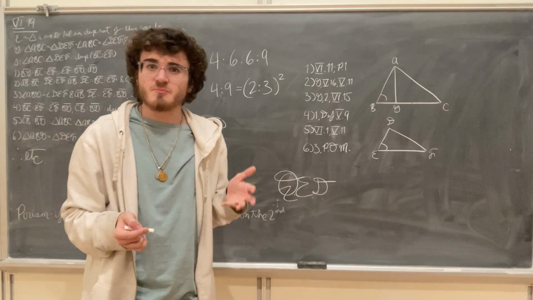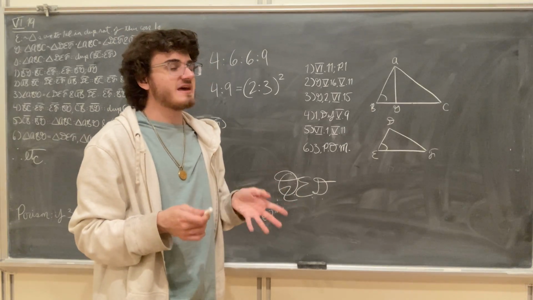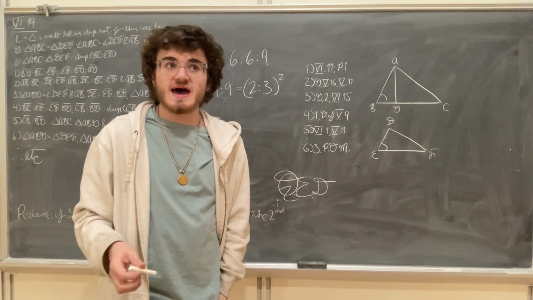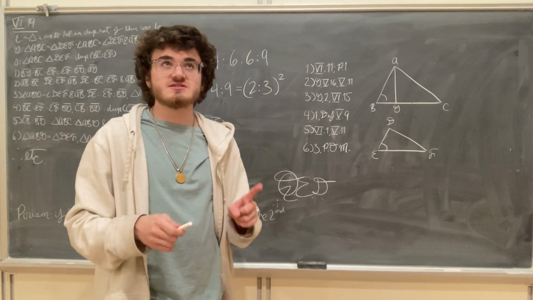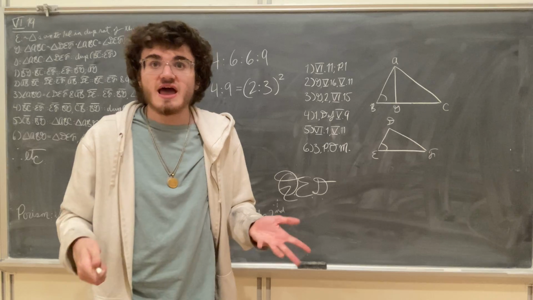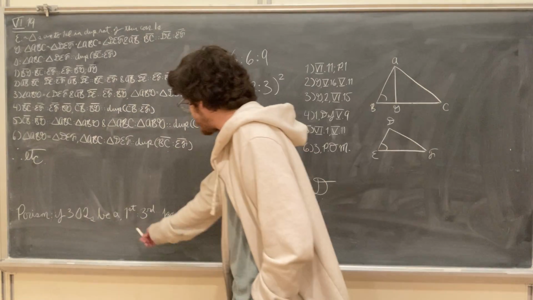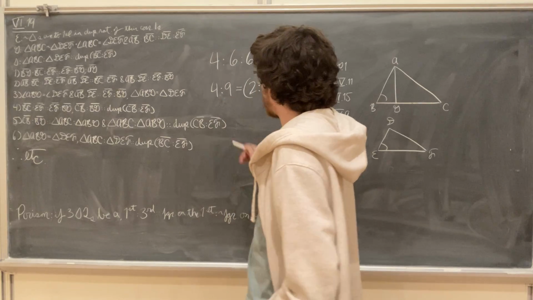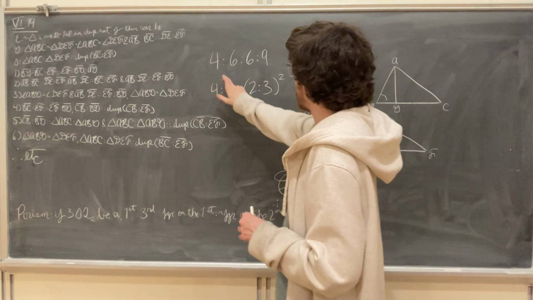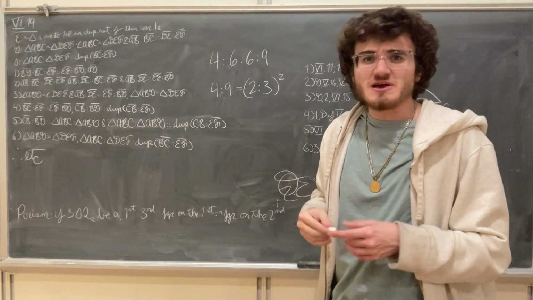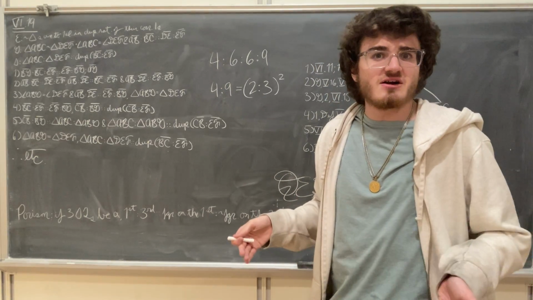So what this means for the porism is, again, an understanding that we saw in book 2, that squares are areas. And so how you can understand this porism is that the first straight line is to the third, 4 is to 9, just as the square of 4 is to the square of 6. But you can actually represent all areas as squared.